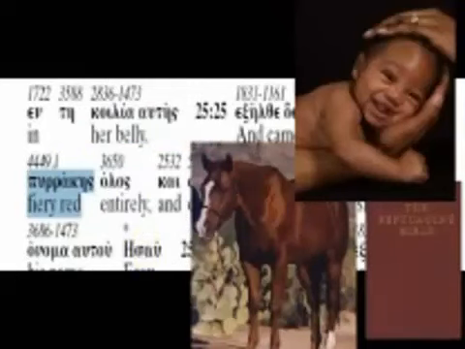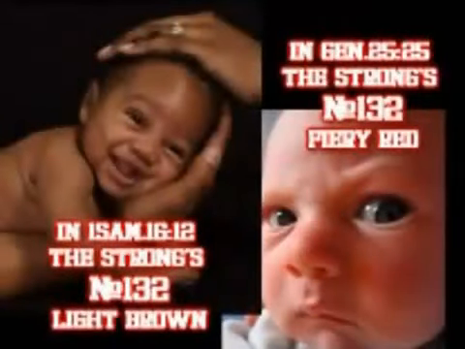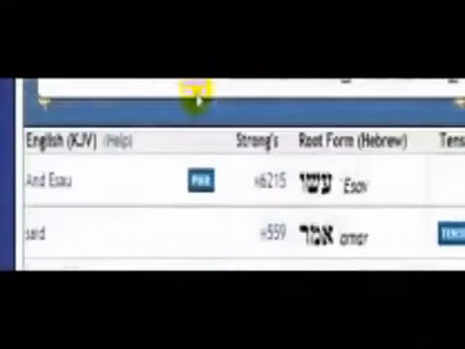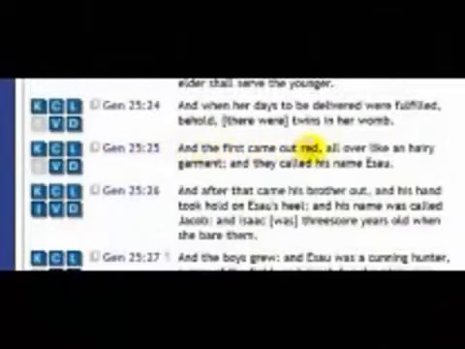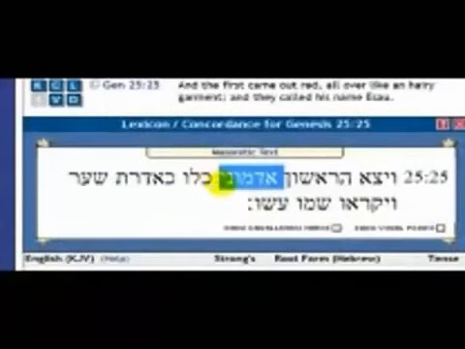Which proves what the brother brought out, that when they use this word in the Hebrew in Genesis 25:25, where it says the first came out red, they use the word right here, adamawanya, to denote a light color. That was the only word that they had to denote a light color.